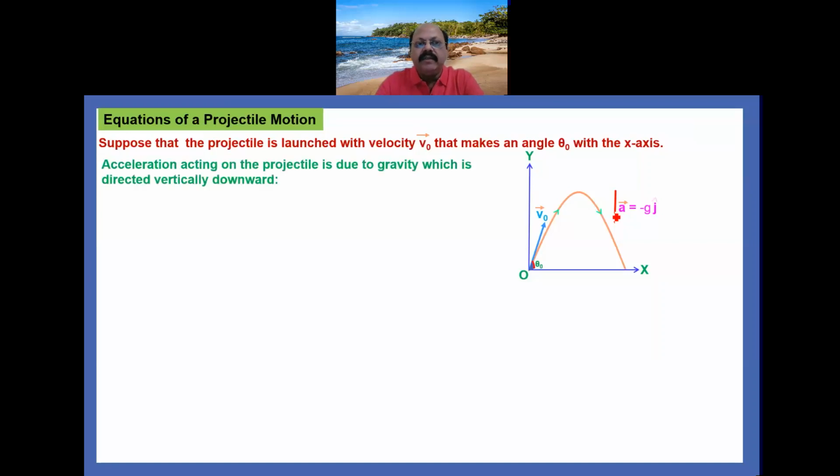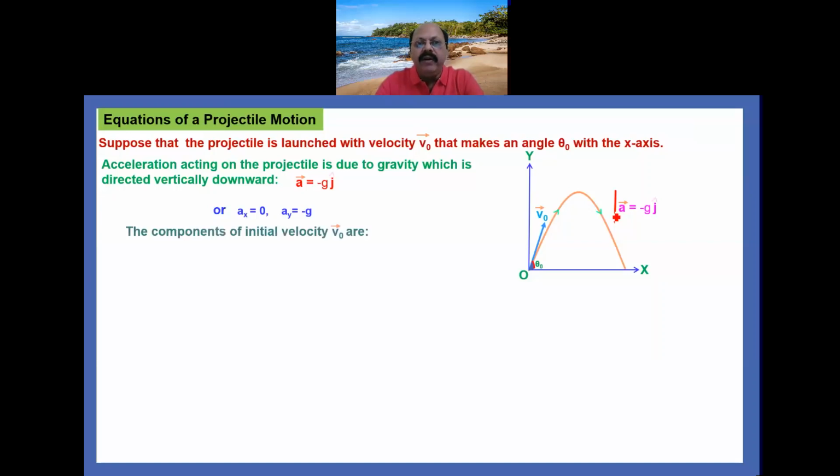So the acceleration acting on the projectile is due to gravity, which is directed vertically downward, that is a vector equal to minus g j cap. And what we have taken in the assumption is that the acceleration along the horizontal direction is 0. So that's why a_x equal to 0 and a_y equal to minus g.